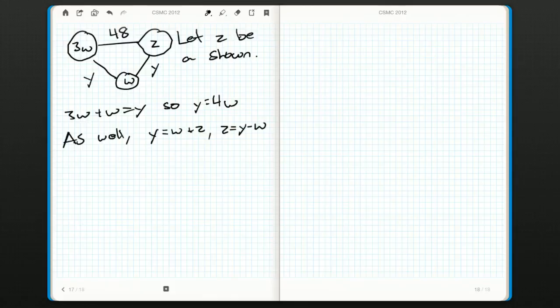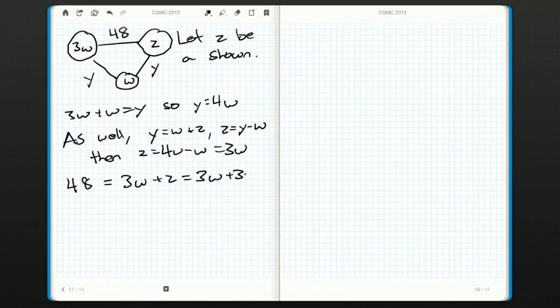So we know that y is also going to be w plus Z. We can rearrange that equation and say Z is y minus w. Well, we have an expression for y in terms of w. It's 4w. 4w minus w is 3w. 48 is 3w plus Z, but we know that Z is 3w as well.